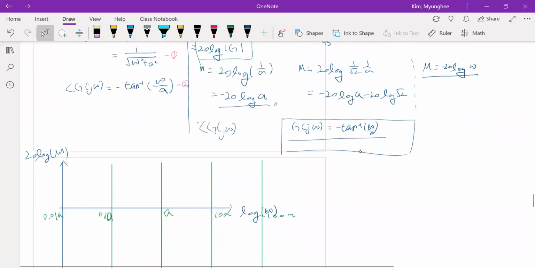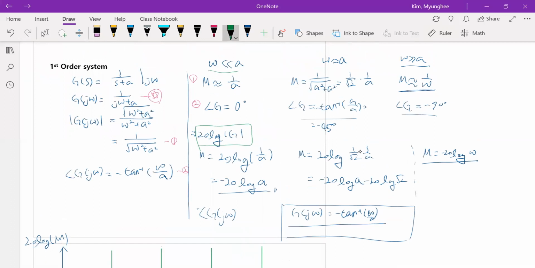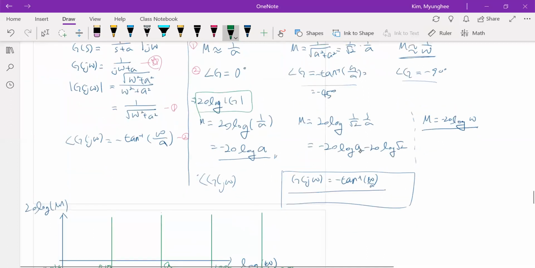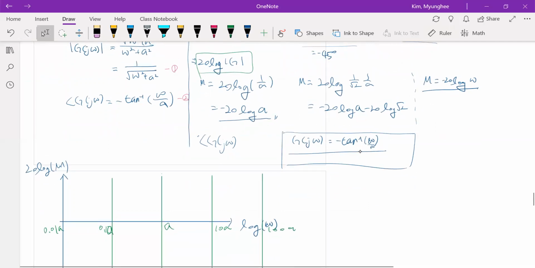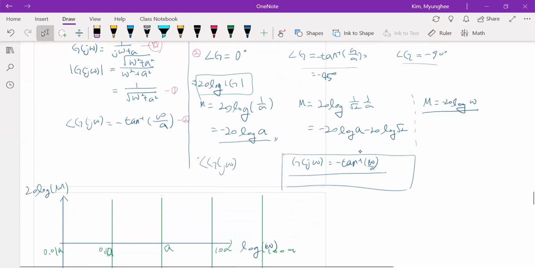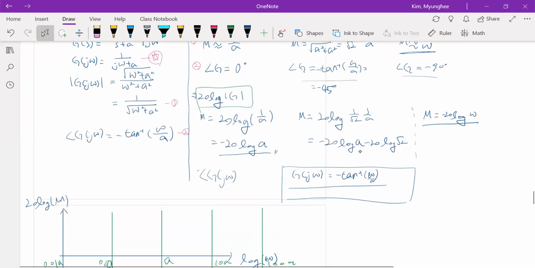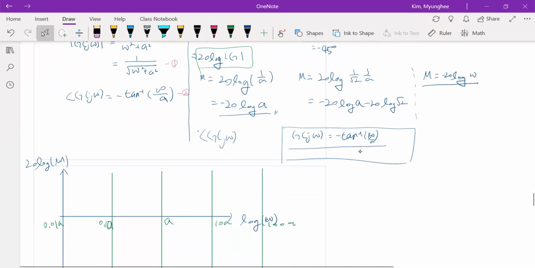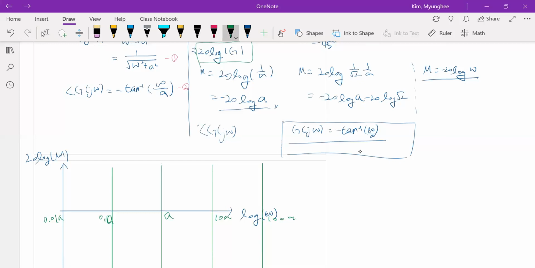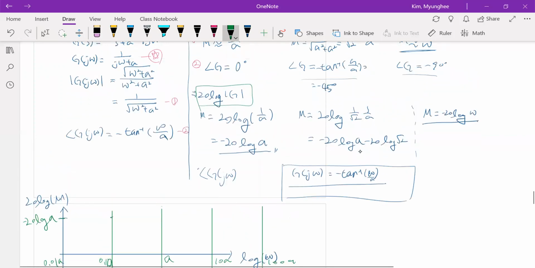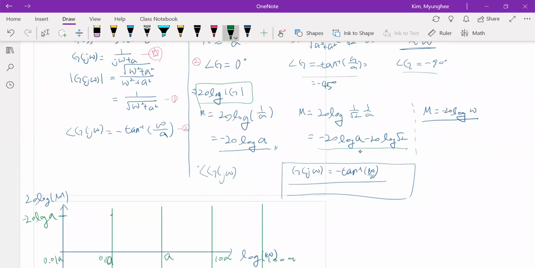So if it's 10 times smaller, it's considered very small. It's very much smaller than a. And at that point, the magnitude is negative 20 log a. So this point is almost negative 20 log a. And then when omega equals a, that becomes something like this.